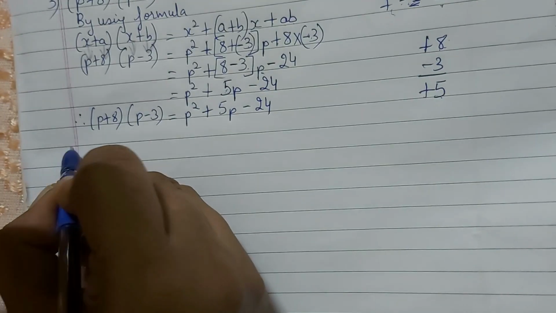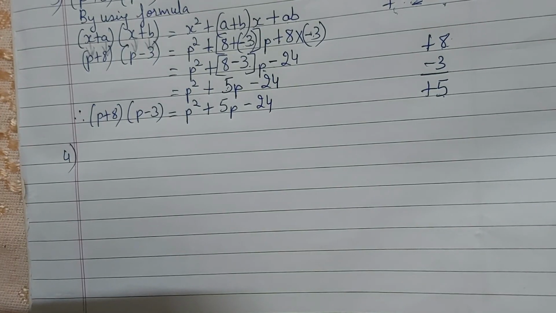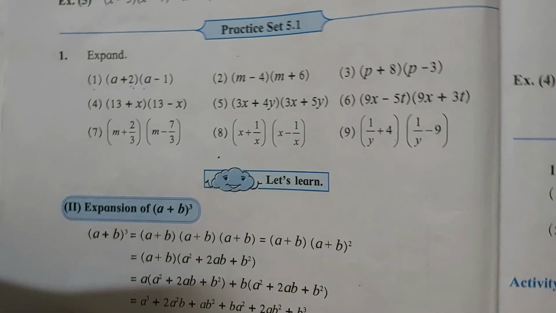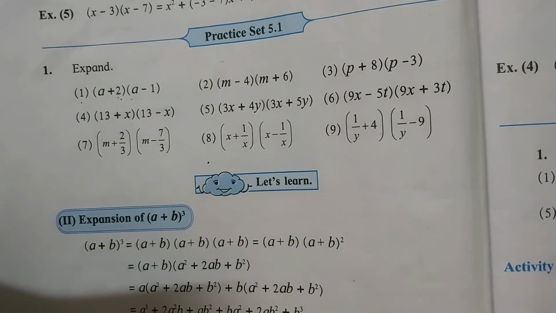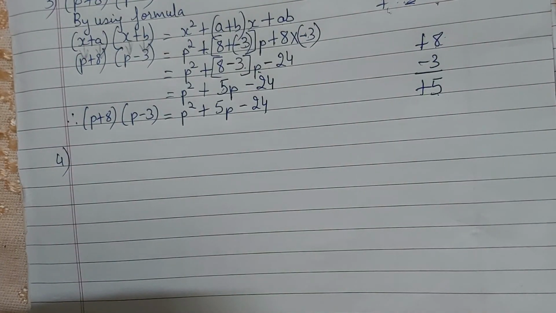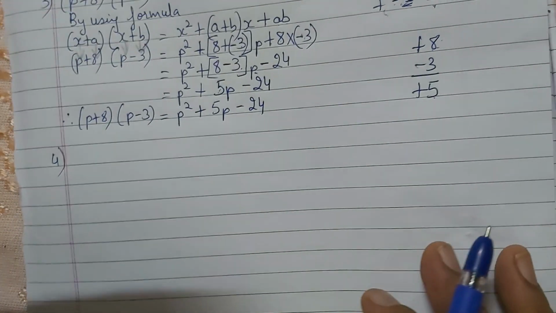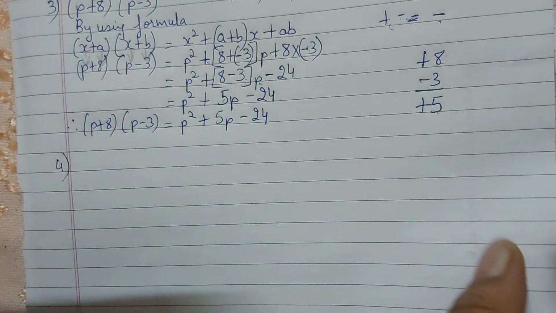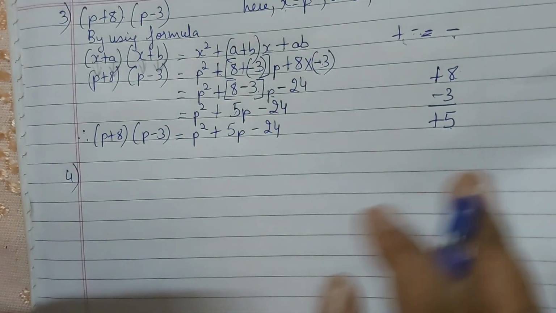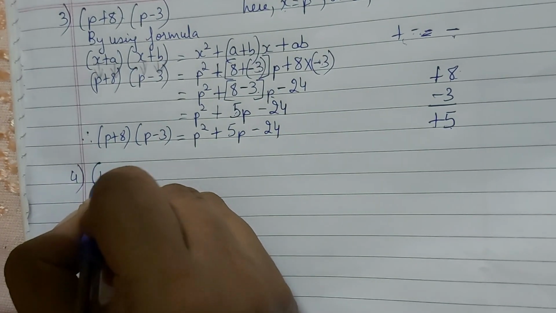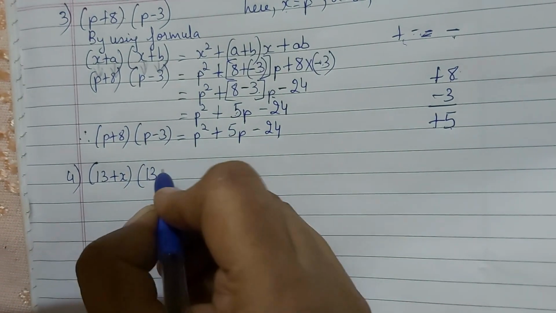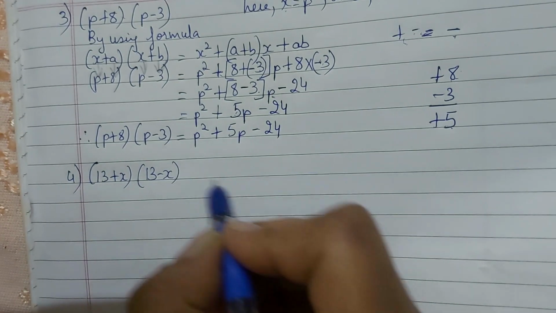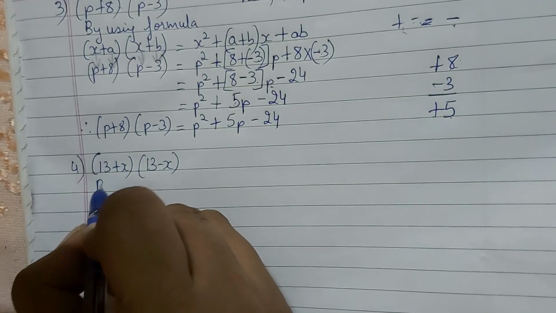Now we will do the fourth sum. Our fourth sum is what? 13 plus x into 13 minus x. So we will write our fourth sum using our formula.